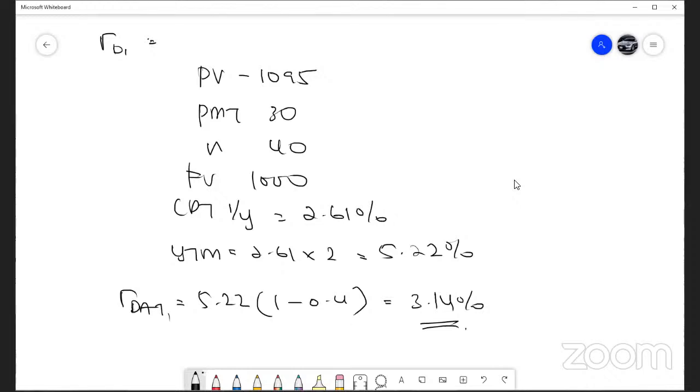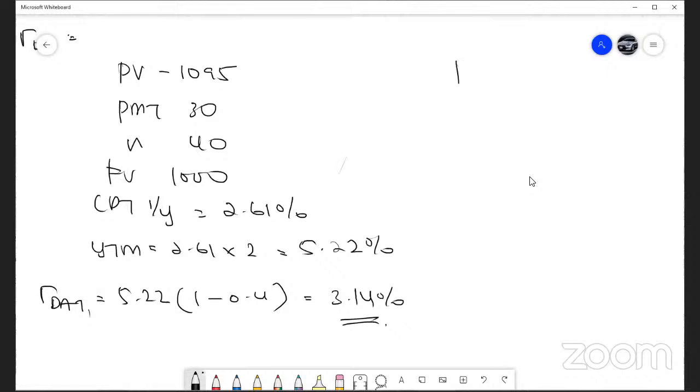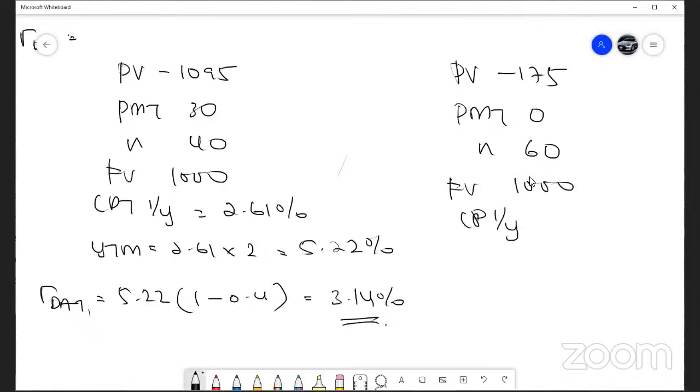So don't forget, there's a second one. For the second one, there's no coupon, so basically there's no payment. Straight away, present value negative 175. PMT you put 0 because no coupon payment, and N is 60 years. FV 1000. Compute IY, you'll get 2.95%.